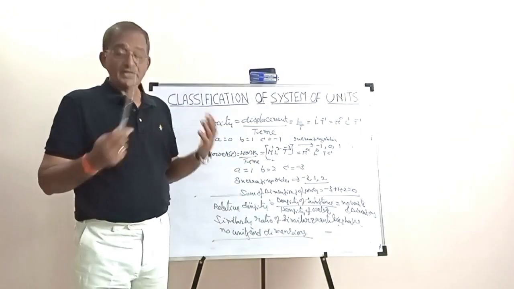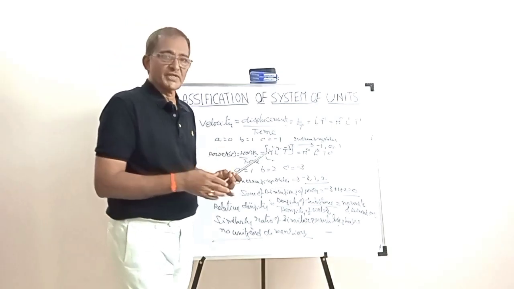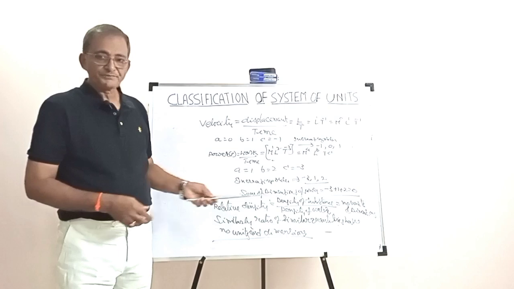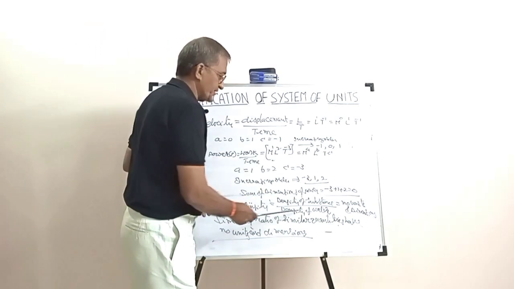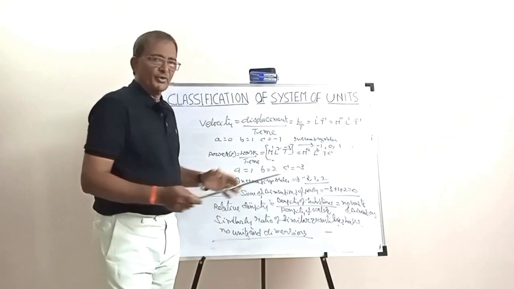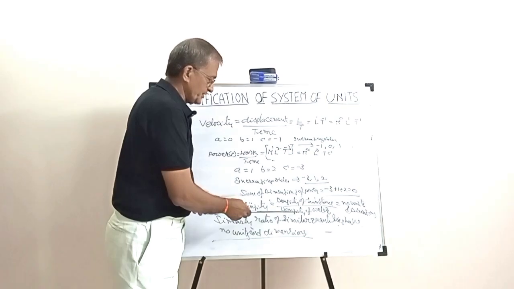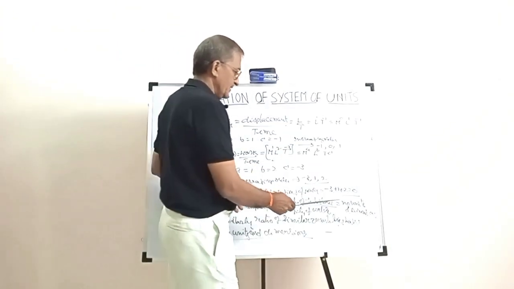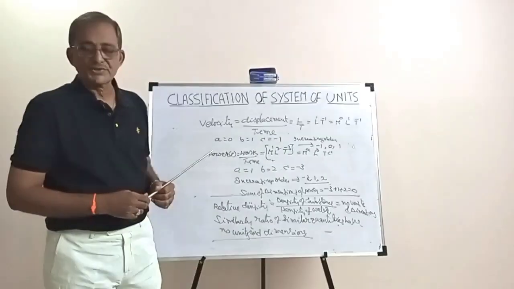And there are so many quantities having no units and dimensions. For example, if you take relative density, it is the ratio of density of substance and density of water. Both in the numerator and denominator, you are having density. So the density units get cancelled, and that remains as a quantity without units and dimensions.